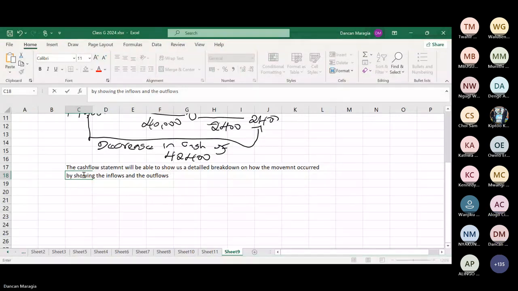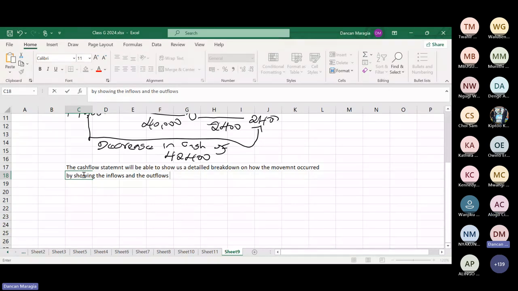However, we don't just show them the way we do a cash budget. When we come to the costing aspect, which we shall look at, I think, in our last class from the cost outline, the concept of the cash budget is different because you only show cash inflows versus cash outflows.